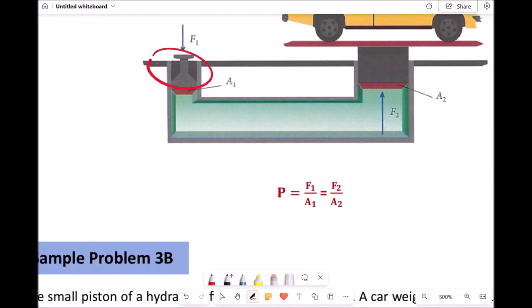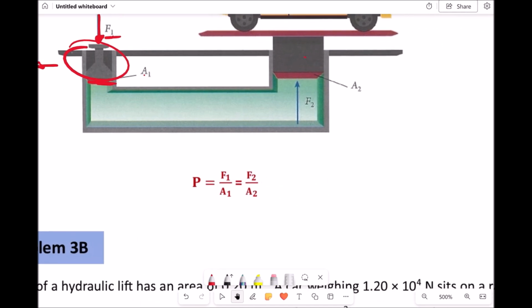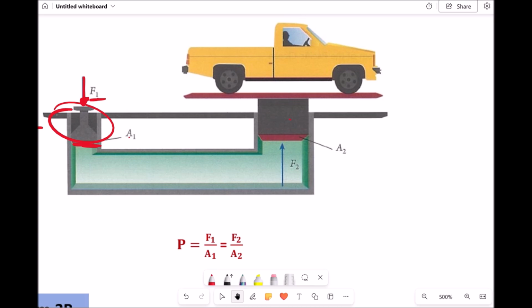The small piston, its area we call A1, and the force applied here we call F1. The place where we put the car, its area is called A2, and the force that comes from the fluid in the up direction is called F2.